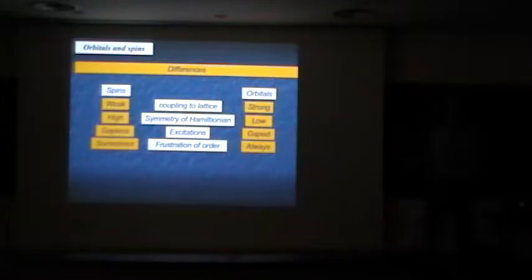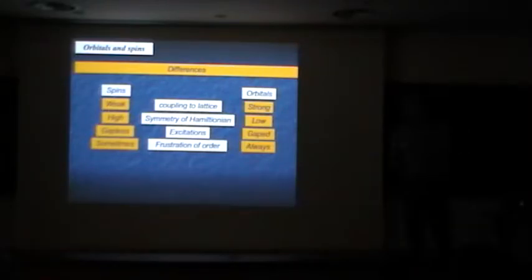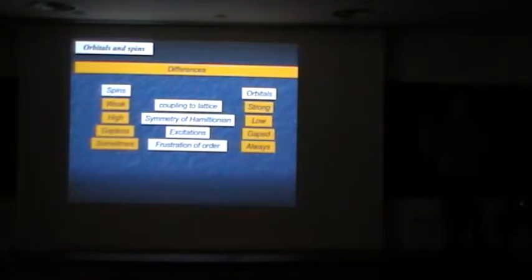These are Goldstone modes. So spins, as a Heisenberg model, have gapless modes. The energy of the magnons goes to zero as Q goes to zero. This is not true for orbital degrees of freedom.